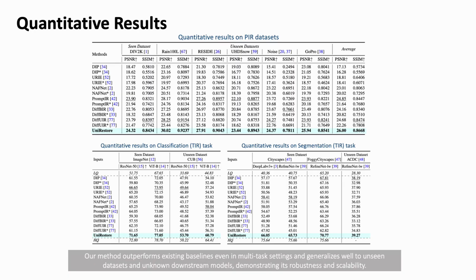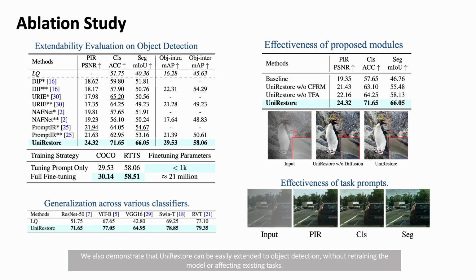Our method outperforms existing baselines even in multitask settings and generalizes well to unseen datasets and unknown downstream models, demonstrating its robustness and scalability. We also demonstrate that UniRestore can be easily extended to object detection without retraining the model or affecting existing tasks. The ablation study shows that each proposed module contributes significantly to the overall performance in both PIR and TIR tasks.